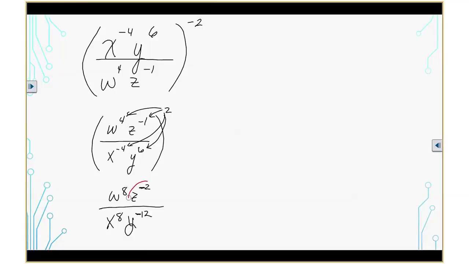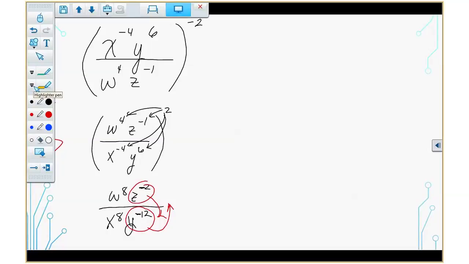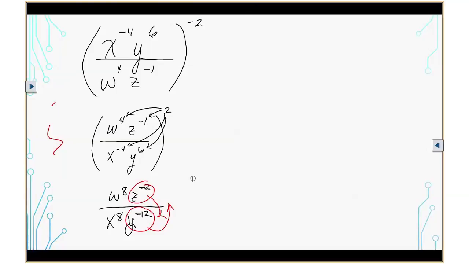Erase them? Flip it. Flip just those two. And that'll give us w to the 8th, y to the 12th, over x to the 8th, z to the 2nd. All right, try to do it another way.